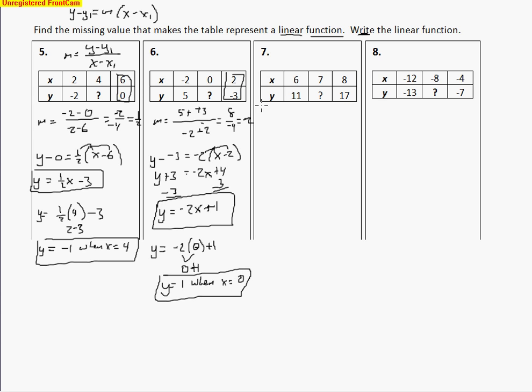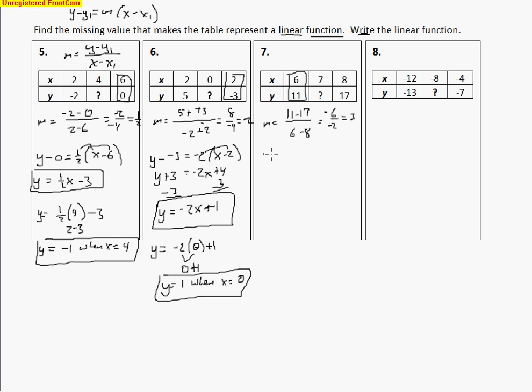So moving on to this next one, same sort of thing. We're going to find the slope. So I'll do 11 minus 17 all over 6 minus 8. So when I do that, I get negative 6 over negative 2, and both are negative really, and so that's going to make a positive 3. And so two negatives again make a positive. So I'll take a point. We'll just take this point right here.